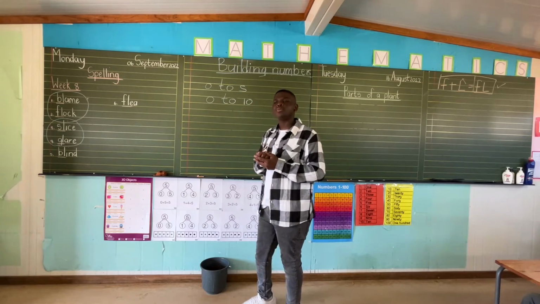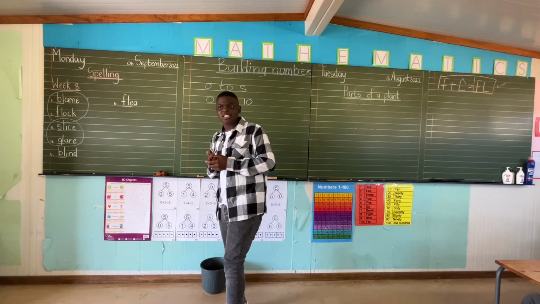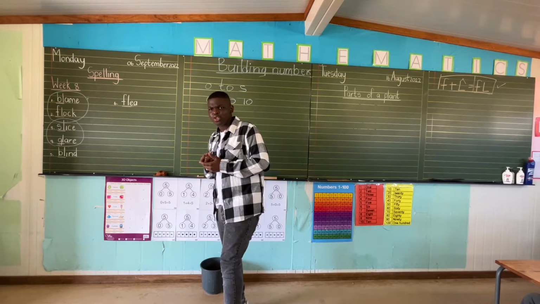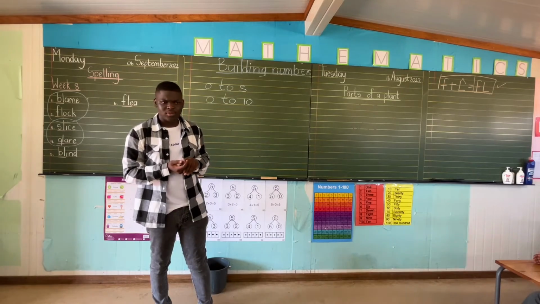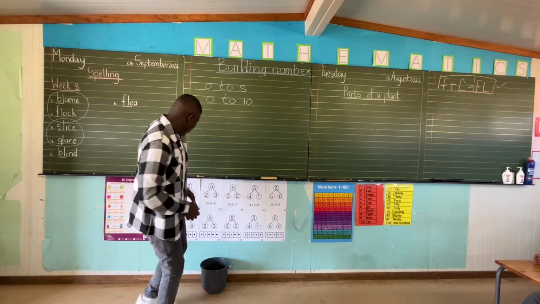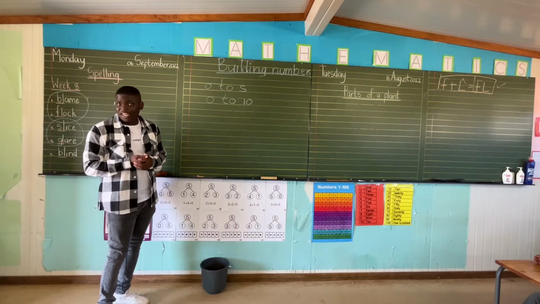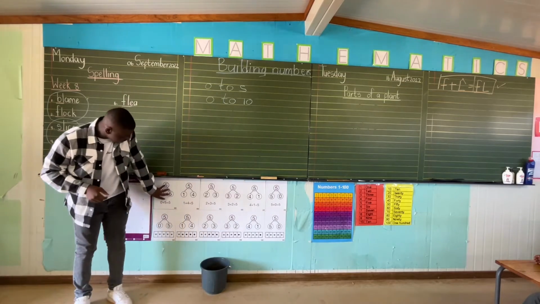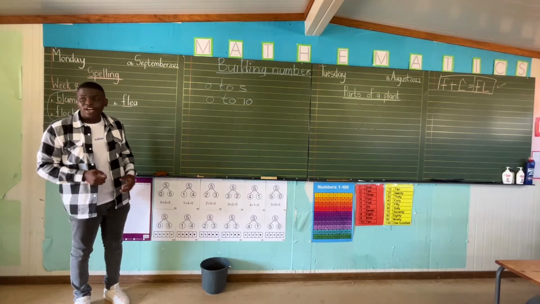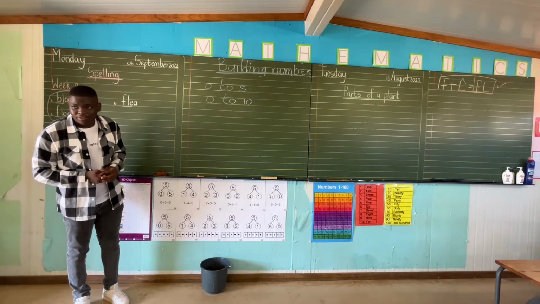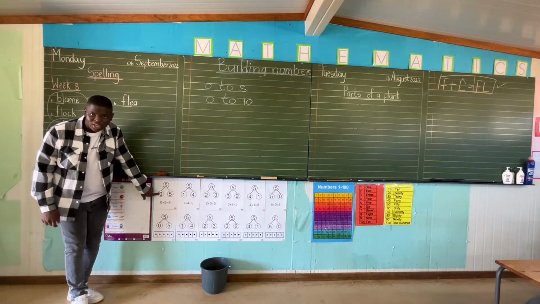But then now, let us look at the numbers that build up 10. Do you know the numbers that build up 10? Yes. So, okay, let's start from 5. The numbers that build up 5. Do you see this chart here? Yes. So this is how we're going to do it. For numbers that build up 5, we have 0 and 5.